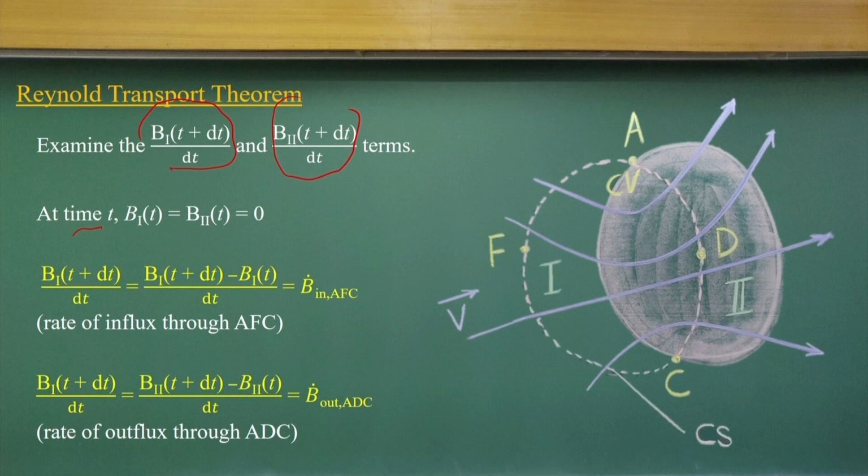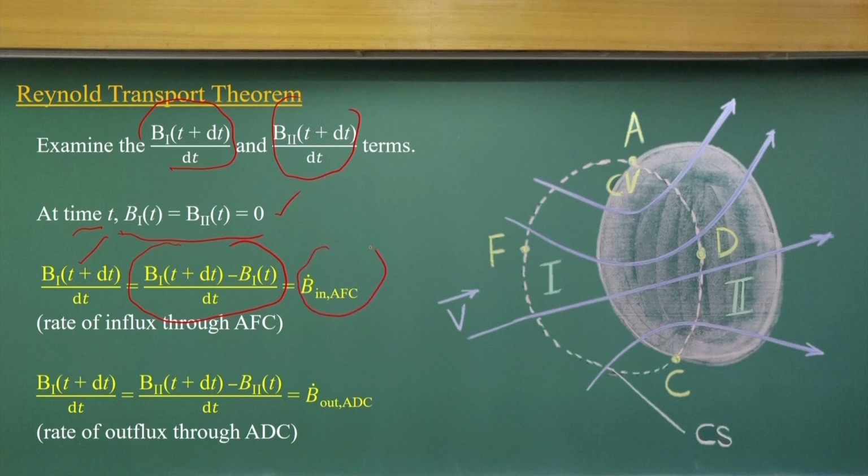So, the B 1 and B 2 regions are at the 0 level. Now, if I consider this part, the same B 1 at t I can write in terms of these, as I know B 1 at t is equal to 0, by dt.